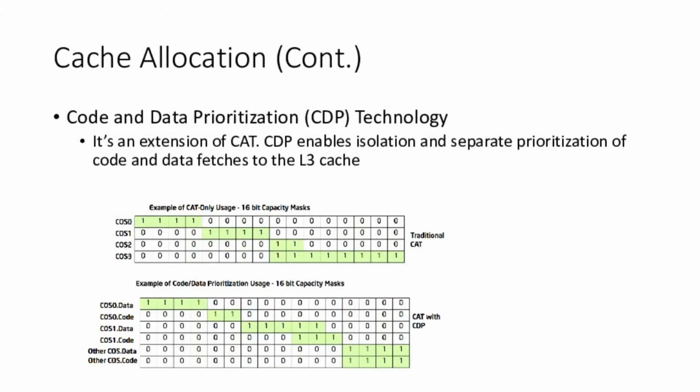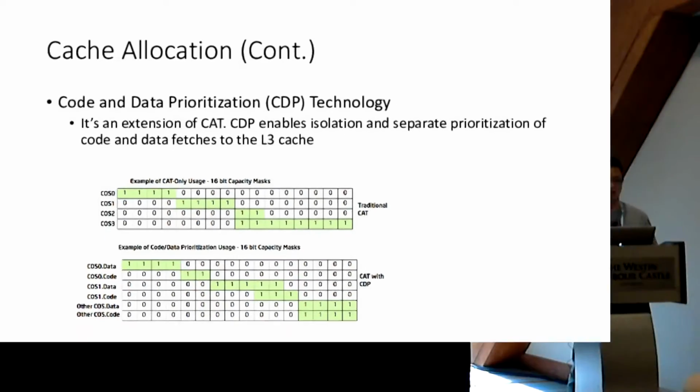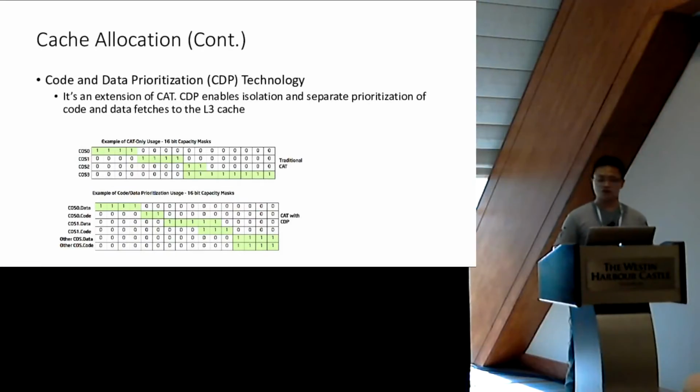Cache QoS also supports separating code and data. From this picture, we can see we can specify the cache resource for code and for data separately.